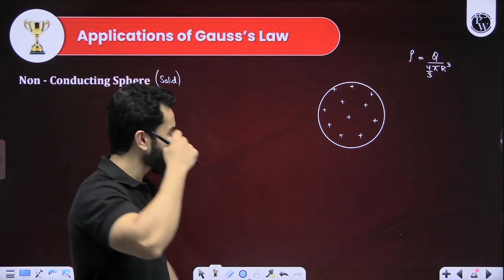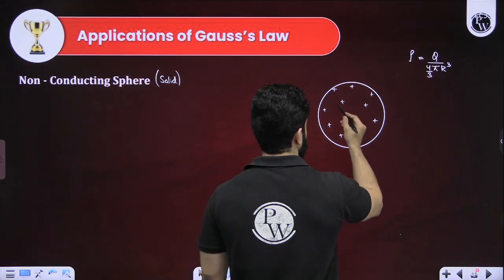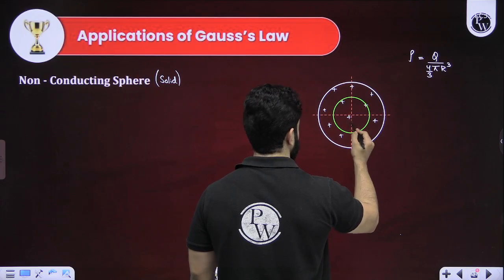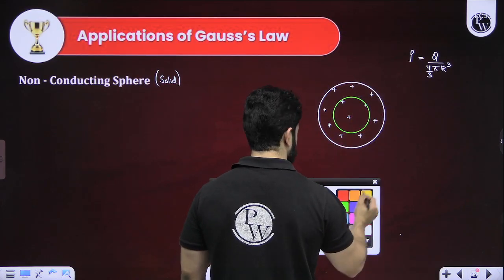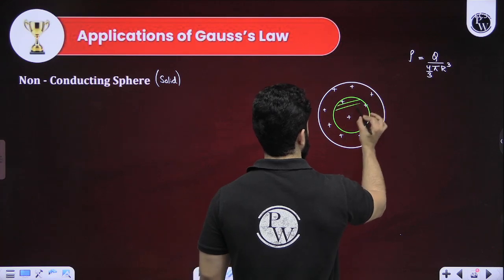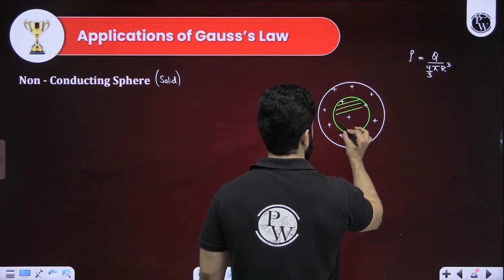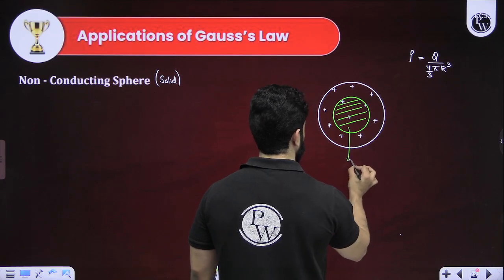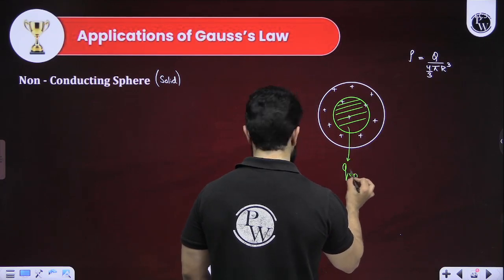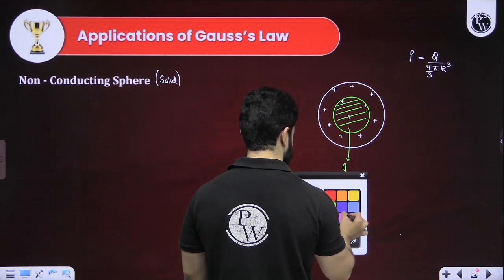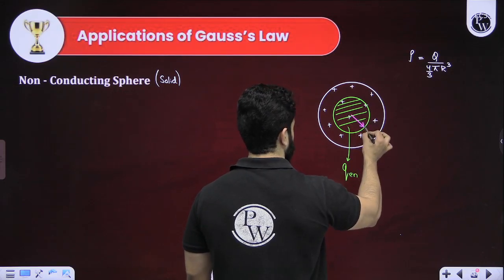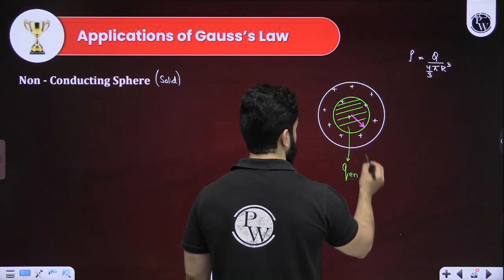Now let's suppose we want to find out at any inside point like this, the enclosed charge, and this radius is, let's suppose, small r.